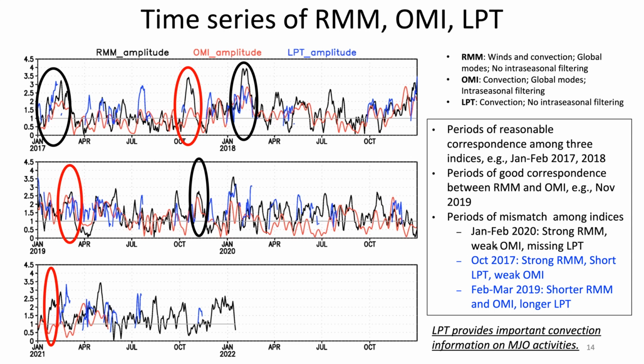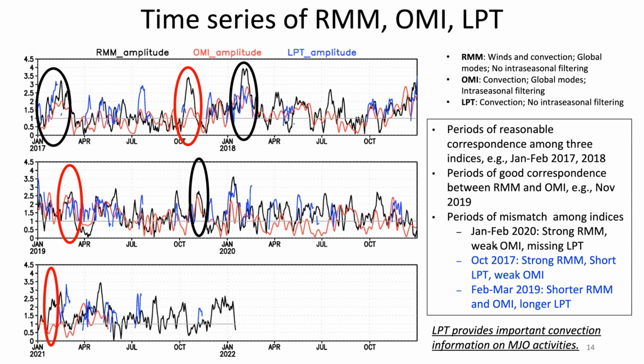For example, in the lower panel, January, I think this is 2021, we see a strong RMM, which is in black, and a very weak OMI signal and no LPT signal here.